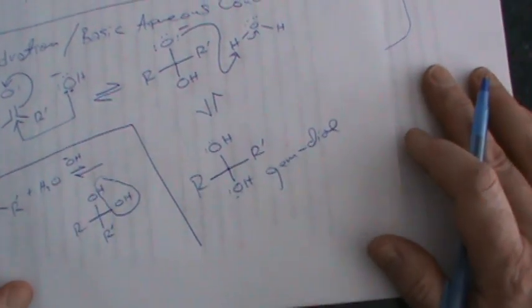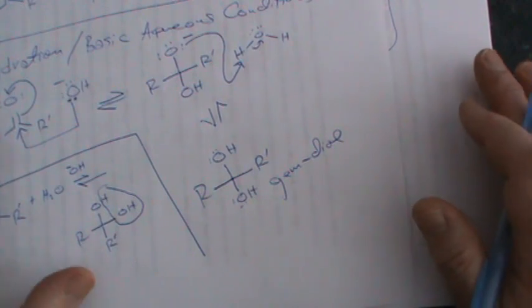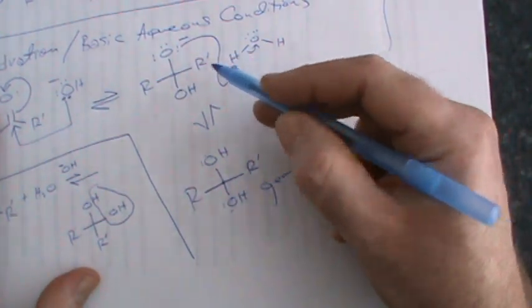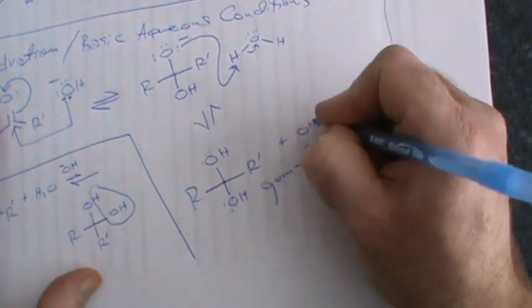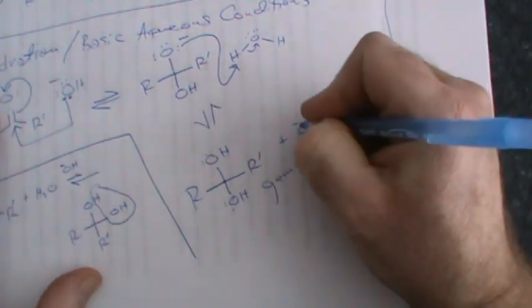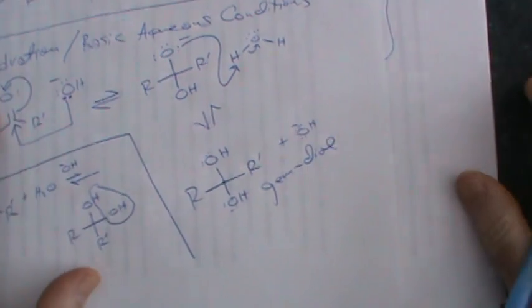You know, I should have noted, and I realize now I didn't do it, that in the base catalyzed version of this reaction, which we covered just a moment ago, this last step to generate the gem diol also reproduced the OH minus, the hydroxide anion. So it is a base catalyzed reaction.